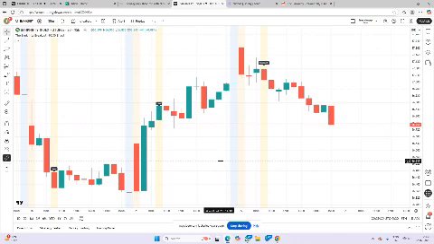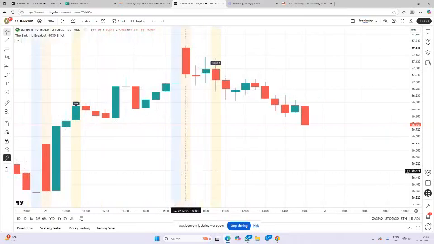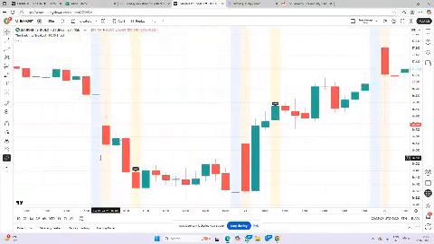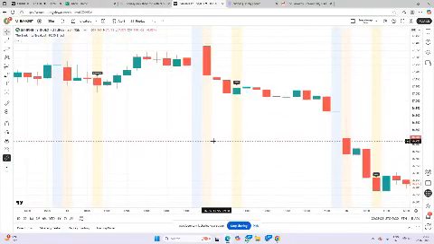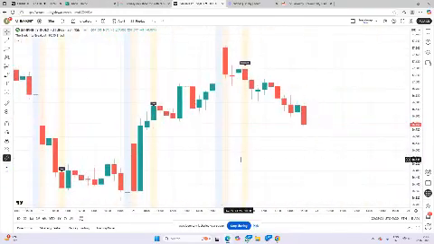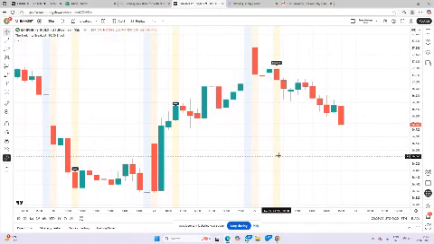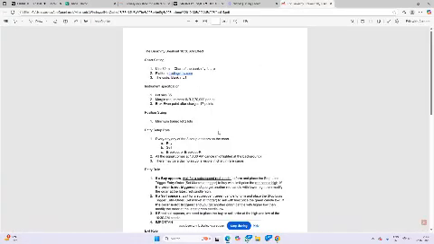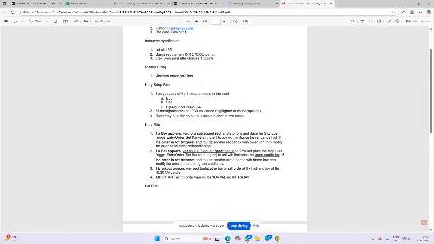This is the most common signal, a long or a short, right? Here you can get three types of signal: a buy signal, a sell signal, or a breakout signal, or breakout R signal.